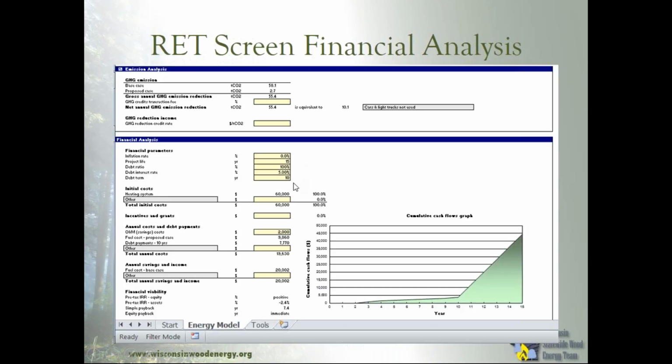And then here's where you'd figure out your finances. So I got a 15-year project life, 100% debt ratio, 5% interest rate, 10-year debt term. So it's going to figure that out, and then it's going to show you your cash flow based on that in graphical form.